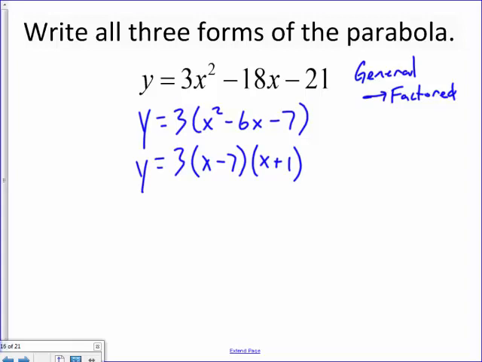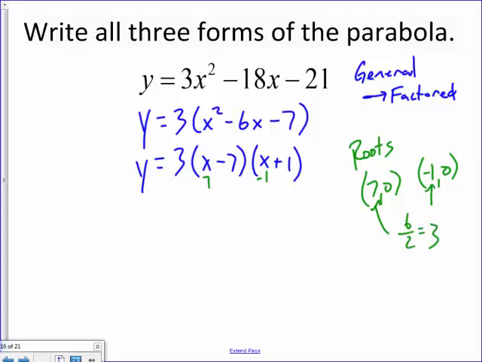And then remember, for the vertex, it's the average of your roots. So what are your roots here? Your roots would be 7 and negative 1, right? Because you're looking at what makes these 0. And what's the average of these two? We'd have 7 plus negative 1, which is 6, divided by 2, which is 3. So for my vertex, I know that the x is 3. And to find the y, I would have to plug that in.